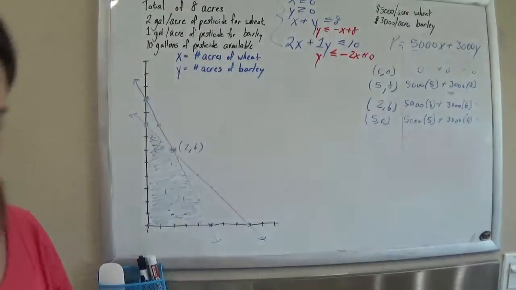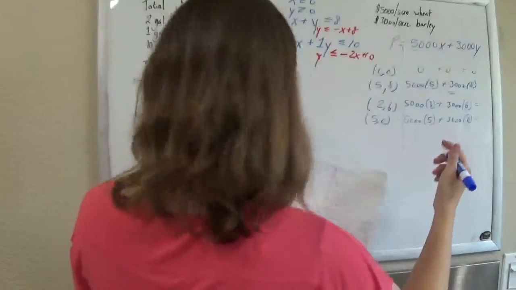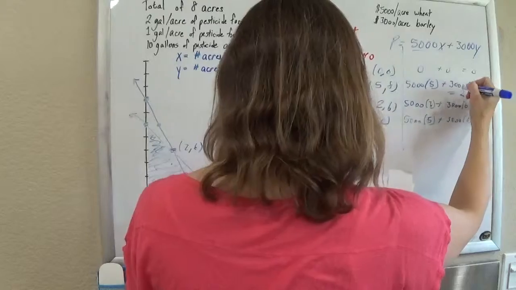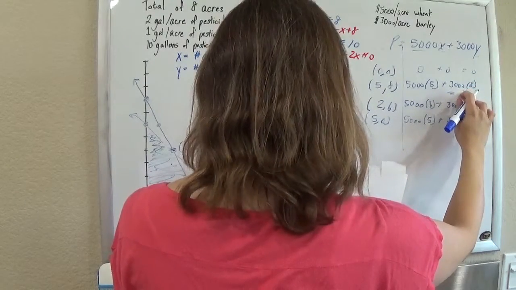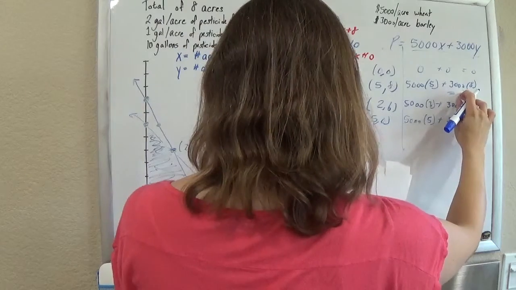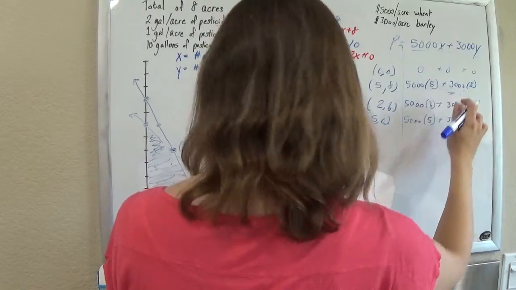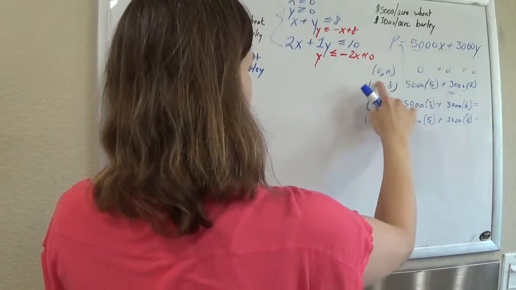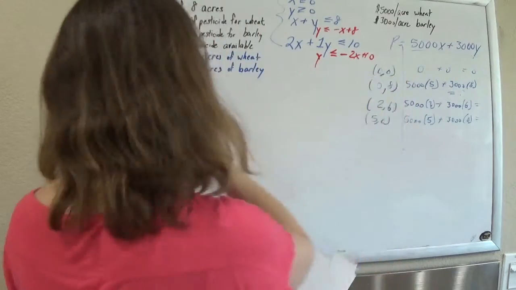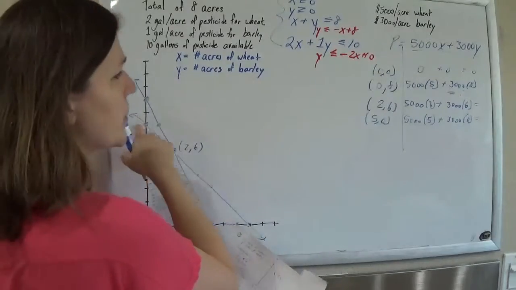Pull out the calculator or the cheat sheet. Actually, these weren't too bad to do in my head, but that's okay. So this top one, wait, where did I get 5, 8 from? I meant 0, 8 right there, right? That point there, 0, 8. Whoops.